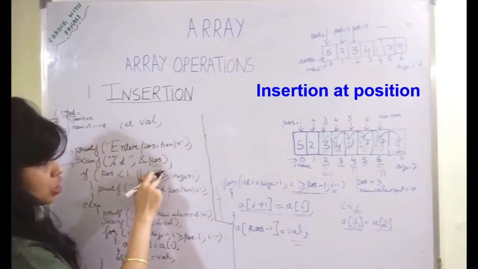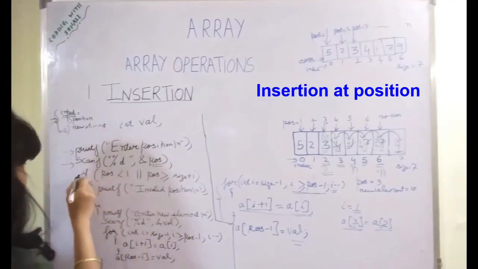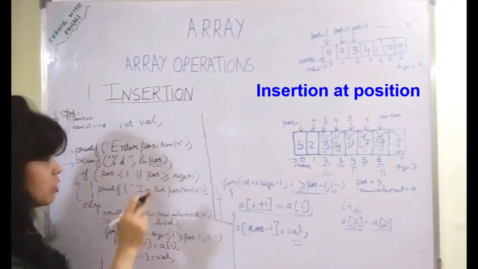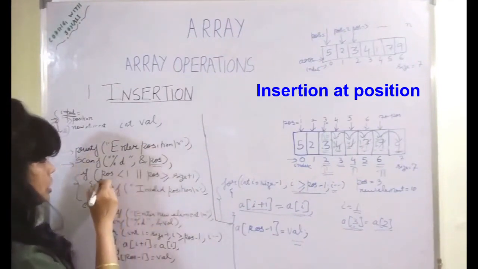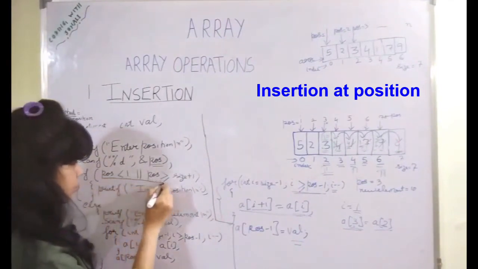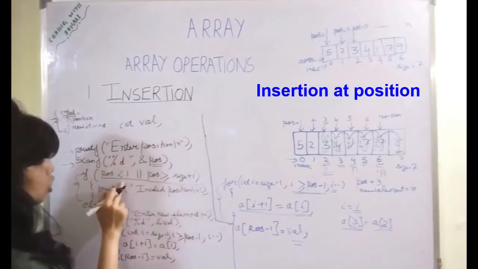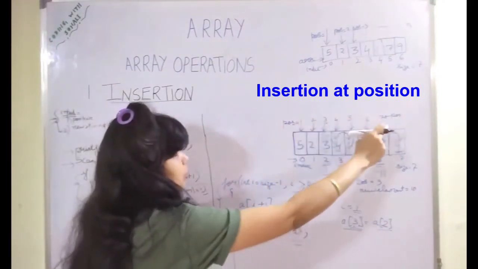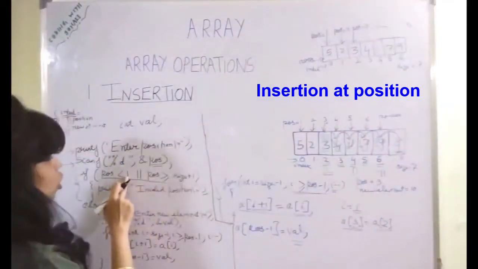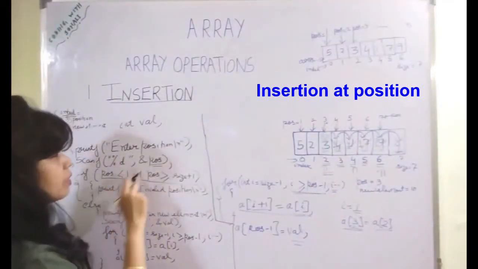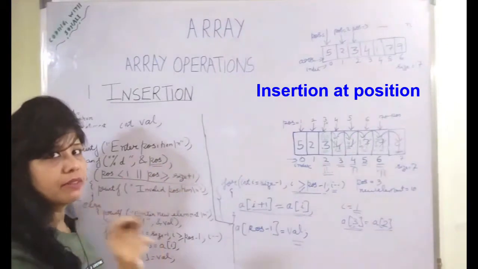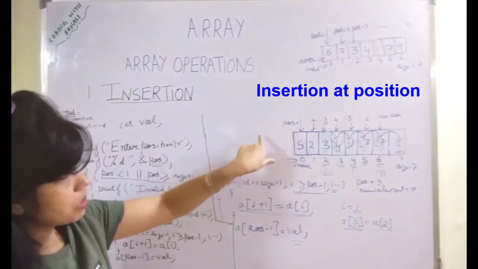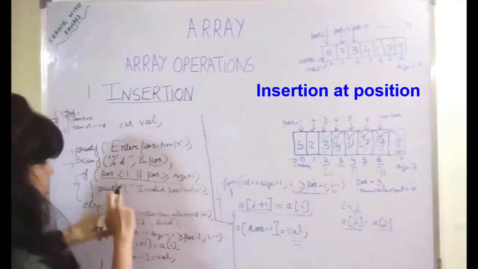Then we will do this type of check, which is very much required: the position should not be lesser than 1, because the position starts from 1 to n. If the user gives position 0, then we will display invalid position, because we are starting from position 1, not from 0.